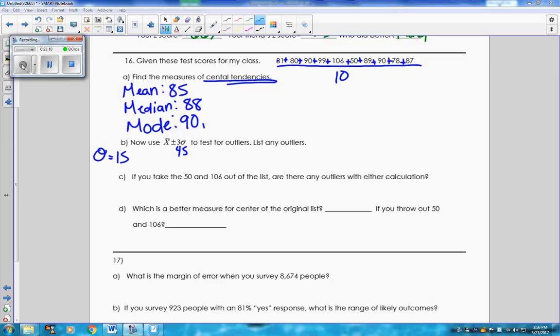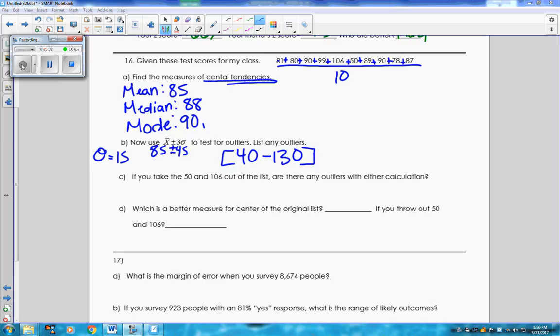So you have to take the mean of 88 and add and subtract 45 to that number. When you do that, your interval for determining if you have any outliers or not is 40 to 130.